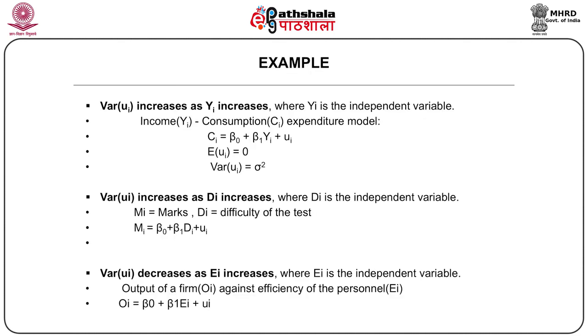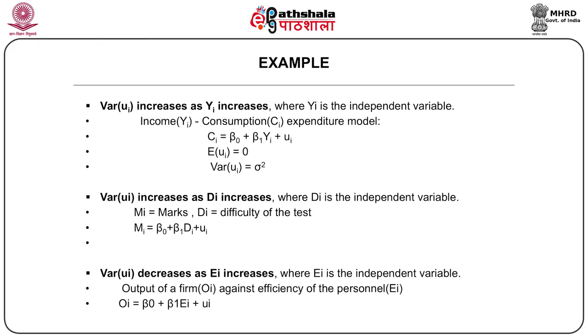Let me present 3 more examples of regression models where heteroscedasticity is present. Suppose in our model, consumption expenditure is denoted by CI and is considered the dependent variable, and income denoted by YI is the independent variable. In this model, the variances of the error term UI increase as YI increases.